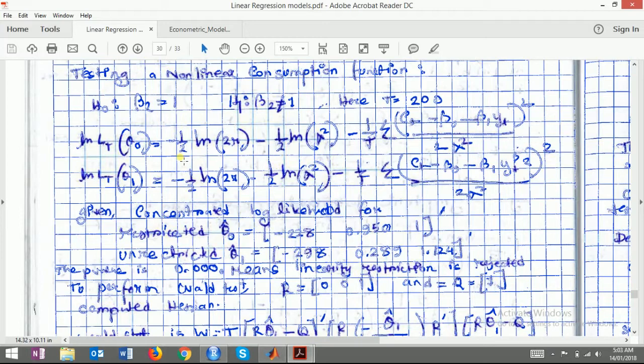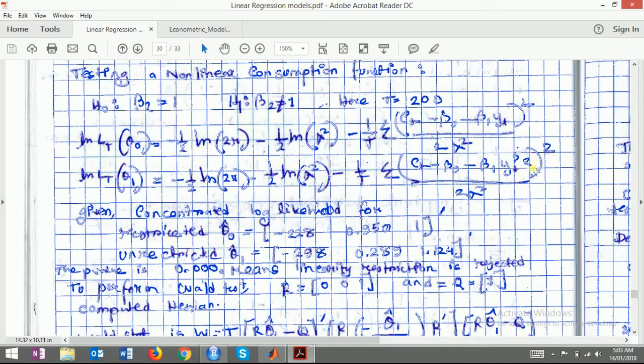Basically we are estimating z1 and z2 as we said earlier, and for theta naught representing z1 we have beta 1 yt. So the consumption function was ct minus beta naught minus beta 1 yt to the power beta 2. So first of all we have beta 1 yt, and for z2, log L theta 1, everything else we just have yt to the power beta 2.